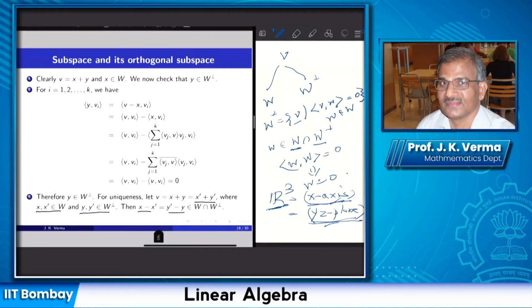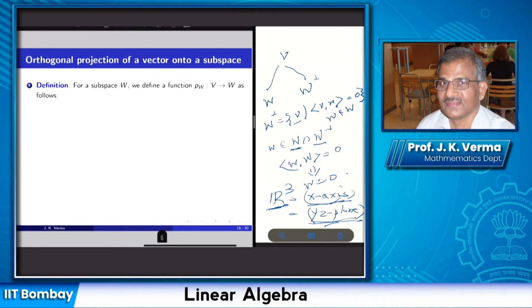So these two vectors are in W as well as W perp. So it is in the intersection, but we have seen that the intersection of W and W perp is 0. Therefore X minus X prime is 0, Y minus Y prime is 0, and so X is equal to X prime and Y equal to Y prime. So therefore this decomposition is uniquely determined.